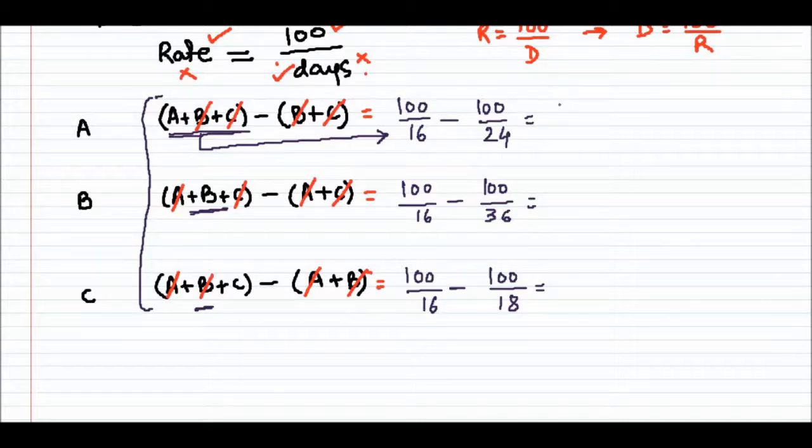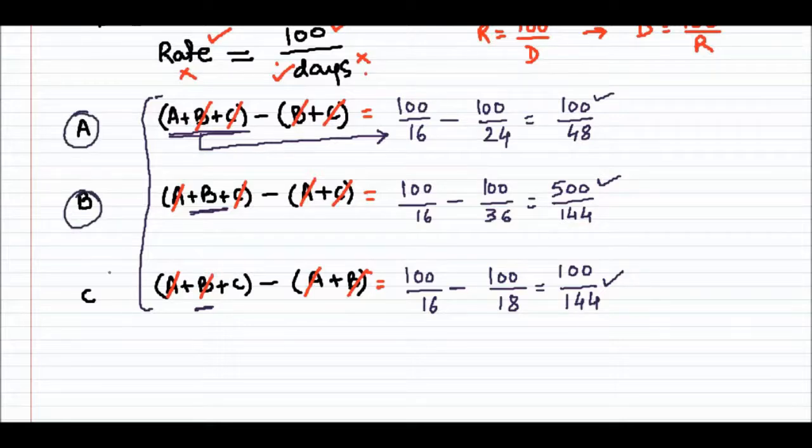You can solve any of the ways you find easy. So if I solve for A, I will get here 100 divided by 48, and when I solve for B, I will get somewhere around 500 divided by 144, and when I solve for C, I will get 100 divided by 144. I'm trying to remind you every time that all this I have got is the rate at which the work is done by A, B and C.